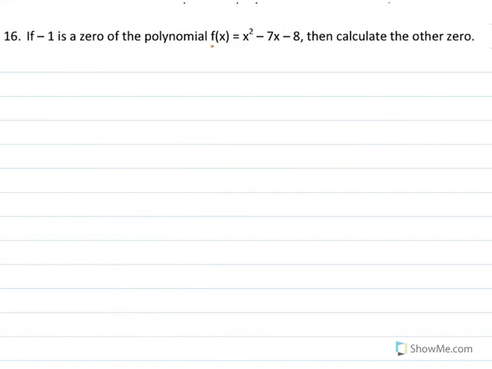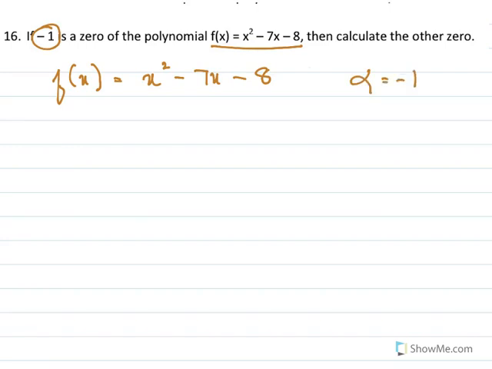If minus 1 is a 0 of the polynomial, then calculate the other zero. So first f of x, we know, is x square minus 7x minus 8. Now one zero is minus 1, so alpha equal to minus 1. Beta we need to calculate. This polynomial, let us find the coefficients. Here the coefficient of x square is 1, b is minus 7 and c is minus 8. Here is a, this is b and this is c. So let's use the formulas.